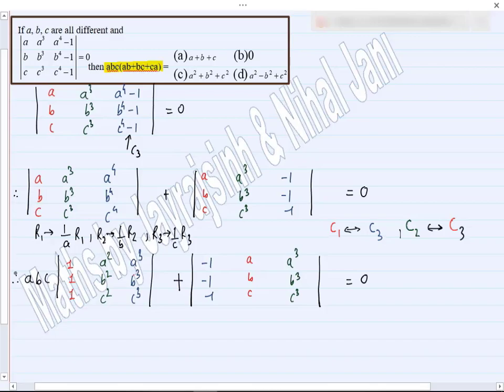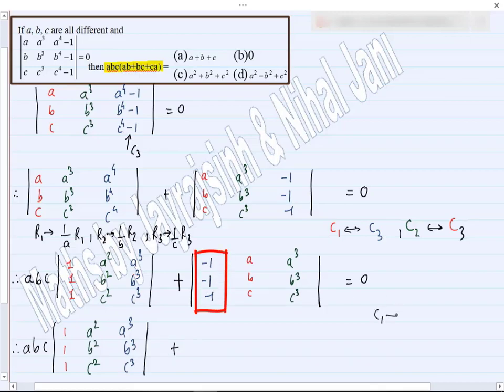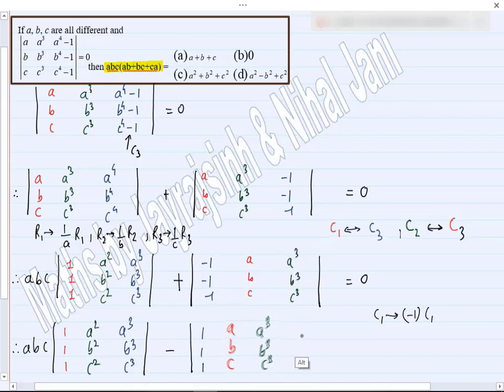In the next step, our first determinant will be as it is, plus we can take minus common from the first column. So let's multiply minus 1 with the first column. So this will become minus 1, and our first column will be 1, 1 and 1. The rest of the columns will be as they are.